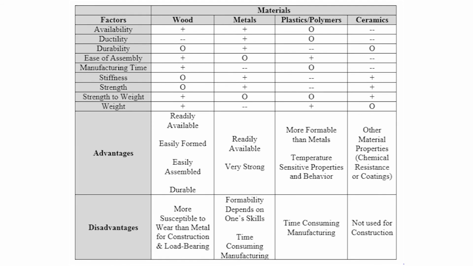Over on the far right of the table, ceramics, they have special properties. I would suggest only such as chemical resistance, coating, dielectric properties, and things like that. I would suggest not using those for first order prototypes unless that's a critical requirement of your prototype.